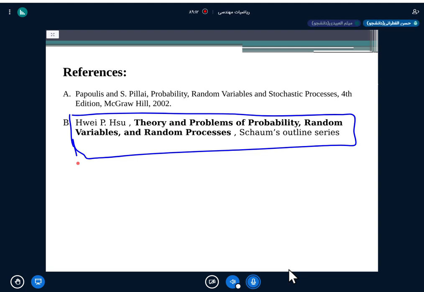Which book from these two books? I suggest you focus on this book, Theory and Problems of Probability, Random Variables, and Random Processes, because it contains many solved examples.